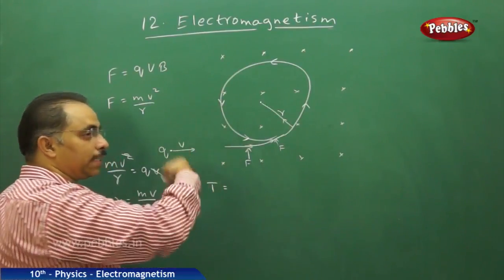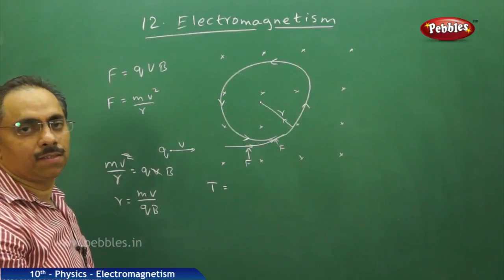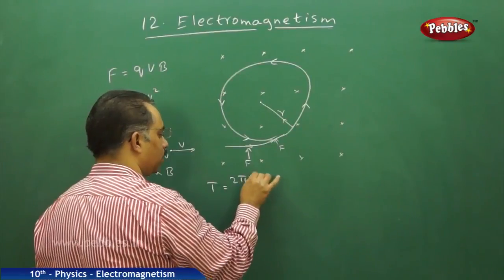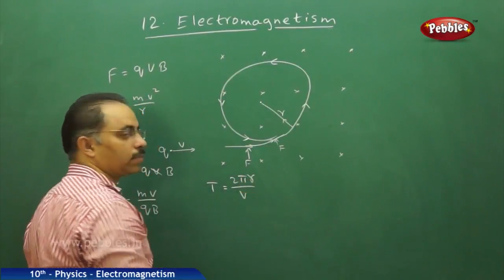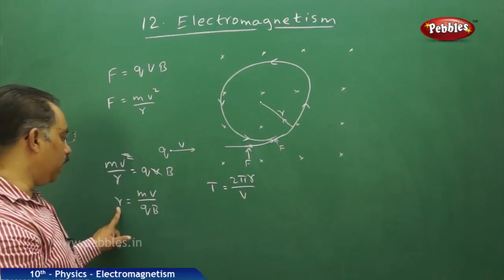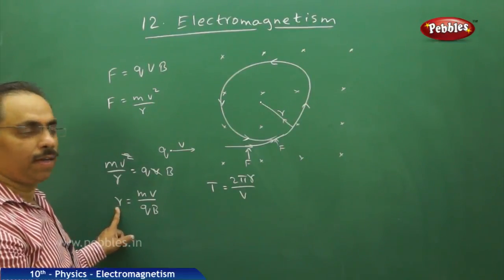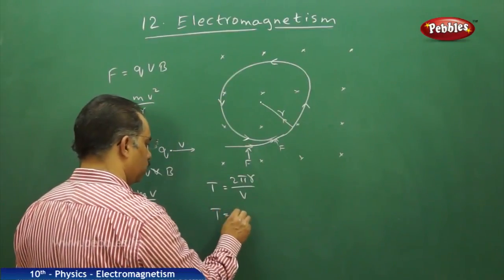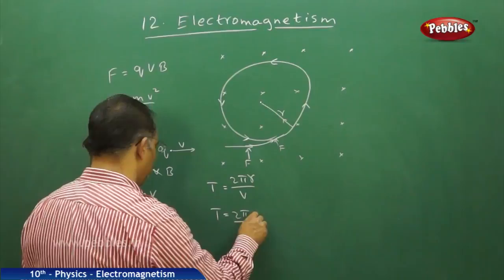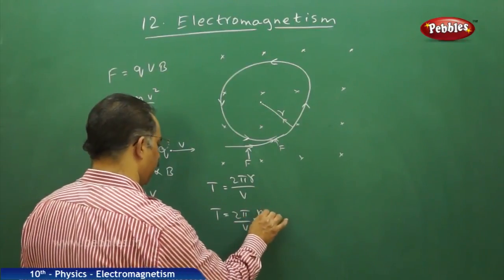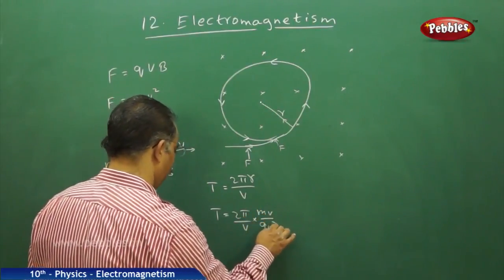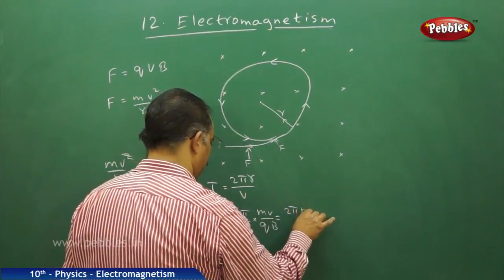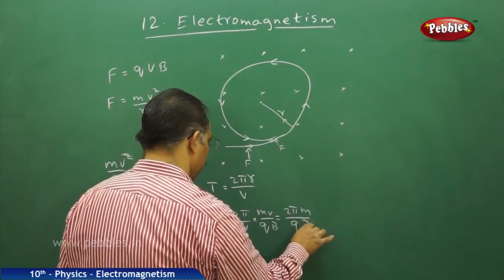It is nothing but the total distance traveled divided by the magnitude of the velocity. So total circumference, 2 pi r, divided by velocity. Now I know r from this expression, so I can substitute. T is equal to 2 pi by v into, instead of r, mv by qB, which gives us 2 pi m by qB.